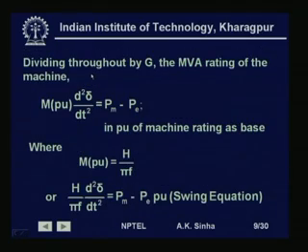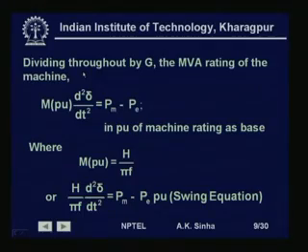And many times, since we have said from the very beginning that we work mostly with the per unit system, dividing this expression by the MVA rating of the machine, we get the equation in per unit. So, we get m per unit into d2 delta by dt2 is equal to Pm minus Pe, where the powers Pm and Pe are also in per unit instead of in megawatts.